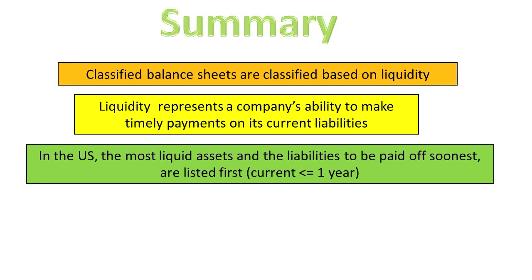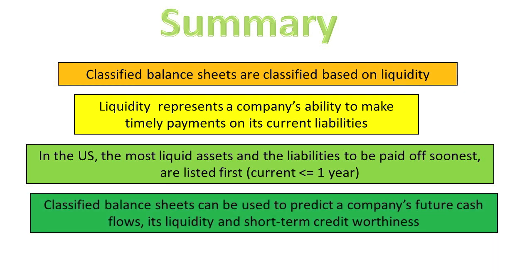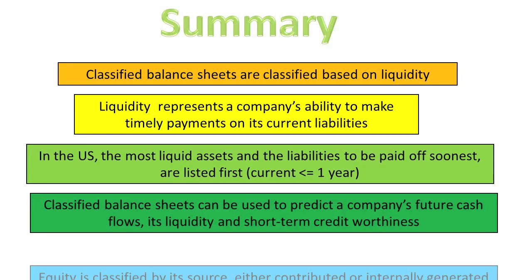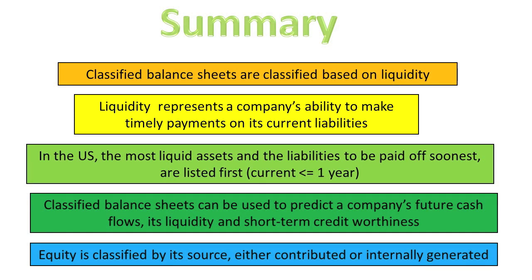Through proper analysis of a classified balance sheet, external users can help assess a company's future cash flows, its liquidity, and its short-term creditworthiness. The equity accounts on a balance sheet are classified based on whether the equity was contributed directly by owners, i.e. capital stock, or was generated internally by the business and the owners elected to retain it in the business, i.e. retained earnings.